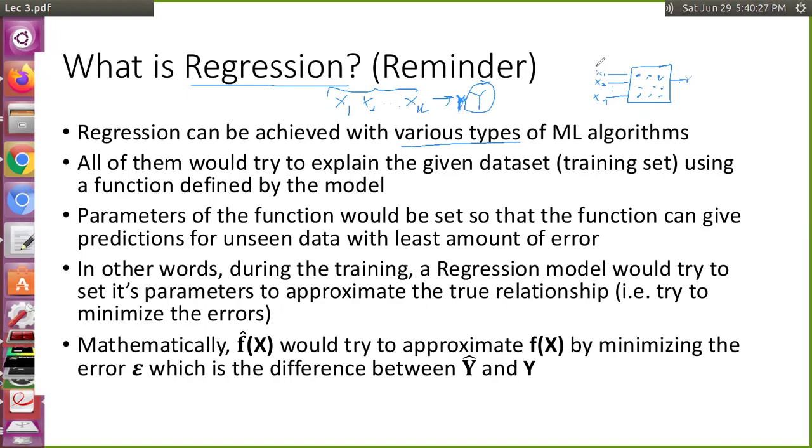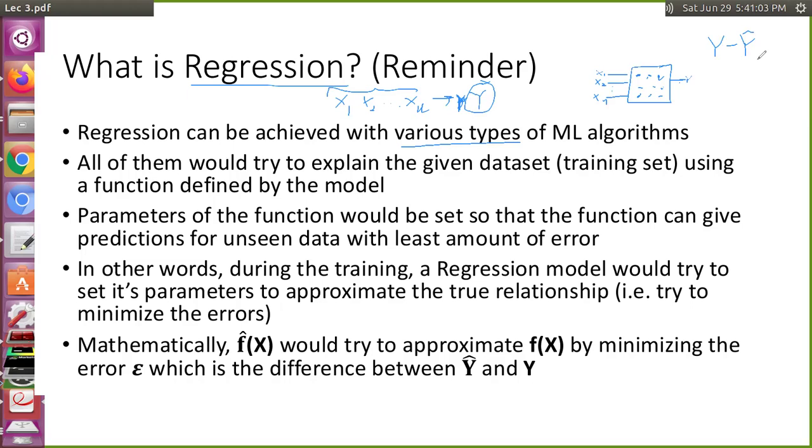Then what we are going to do is use these x values and y values in the labeled training data set, and assign values to these parameters in the model so that it can predict the y values accurately. Predicting the y values accurately means the difference between the real y value and the predicted y value, given by y hat, should be minimized. We discussed this in the first lesson.